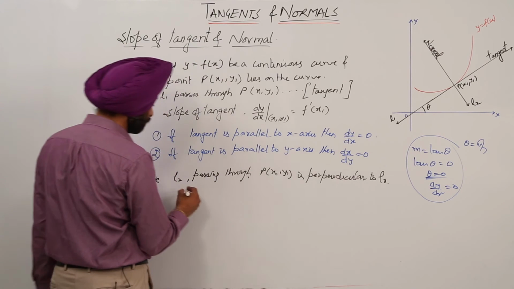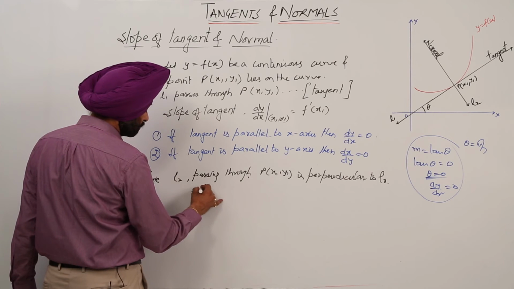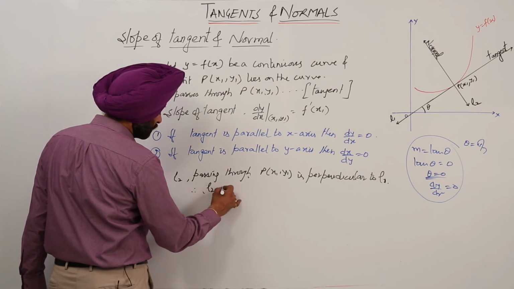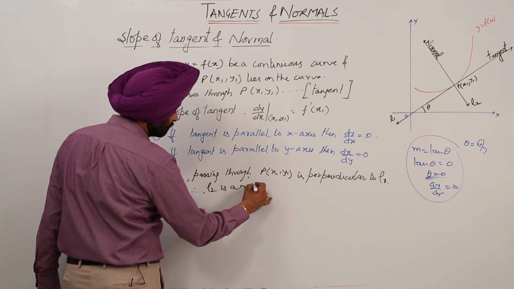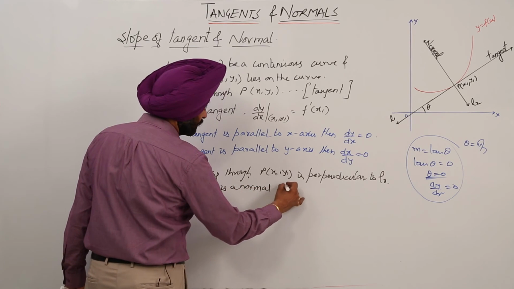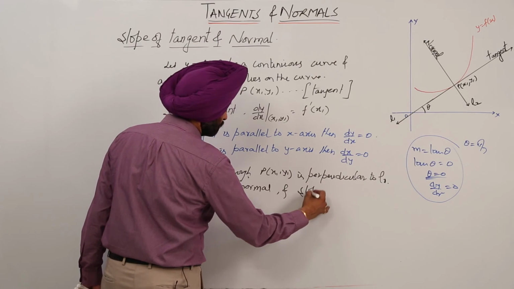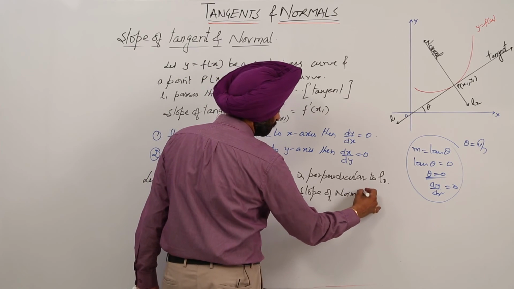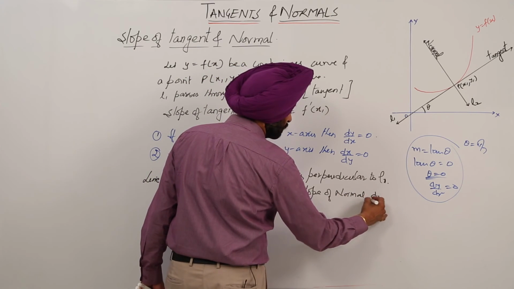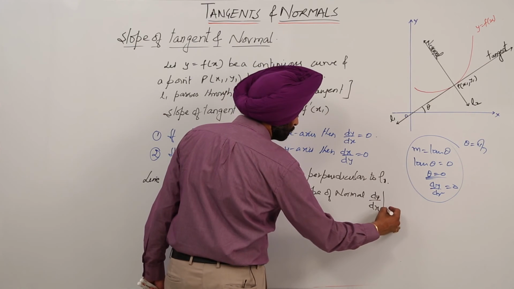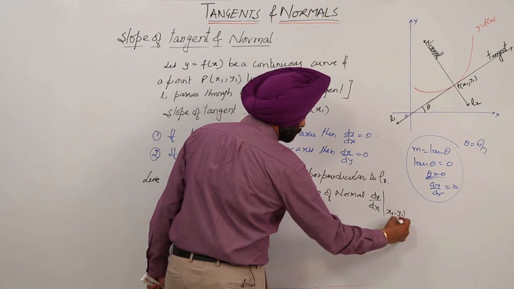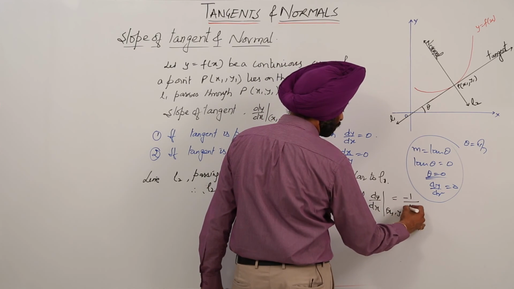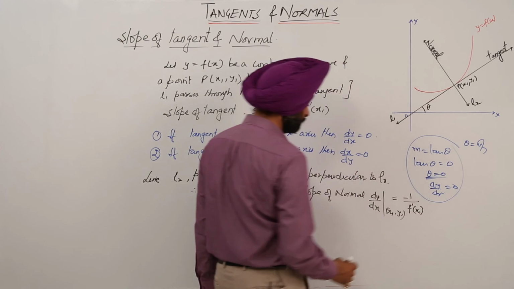Therefore, L2 is a normal, and the slope of normal, dy by dx at (x1, y1), is equal to minus 1 upon f'(x1).